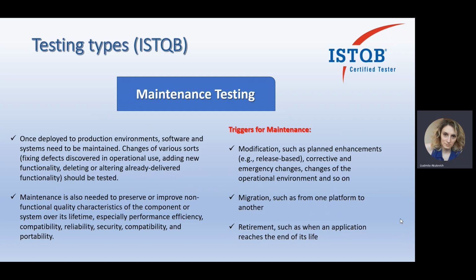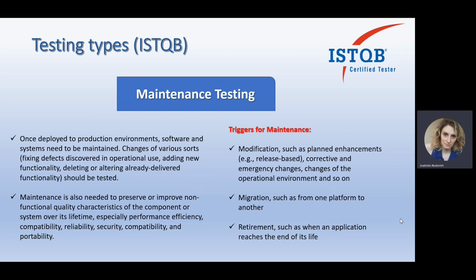One more testing type included in the ISTQB syllabus is maintenance testing. Once deployed to the production environment, each application needs to be maintained. Of course, you can add some new functionality. You can delete some functionality. You can find some bugs during maintenance.